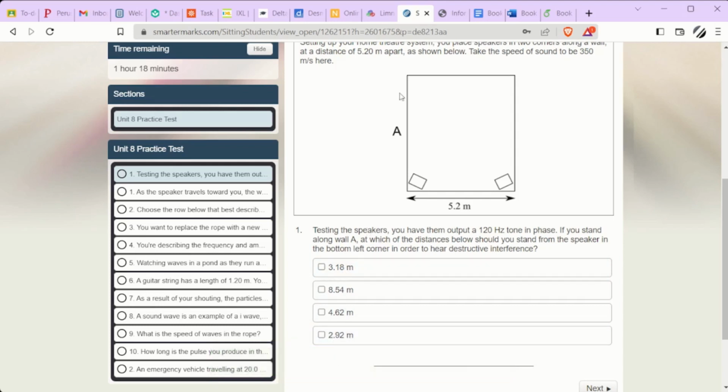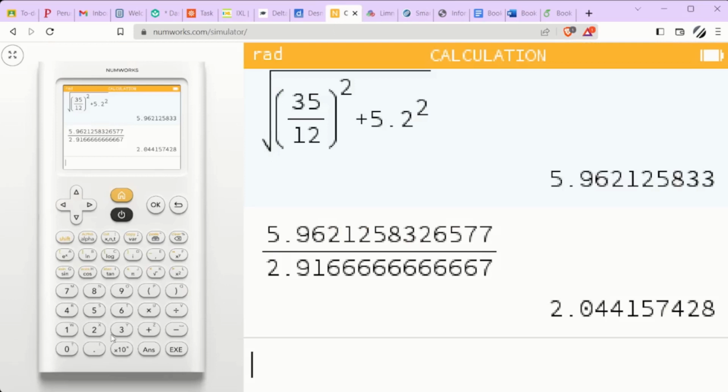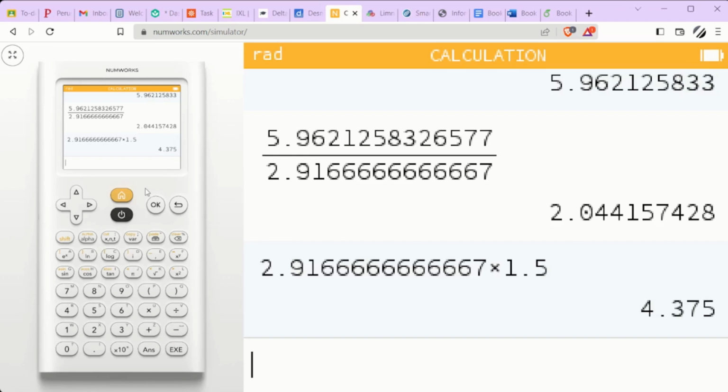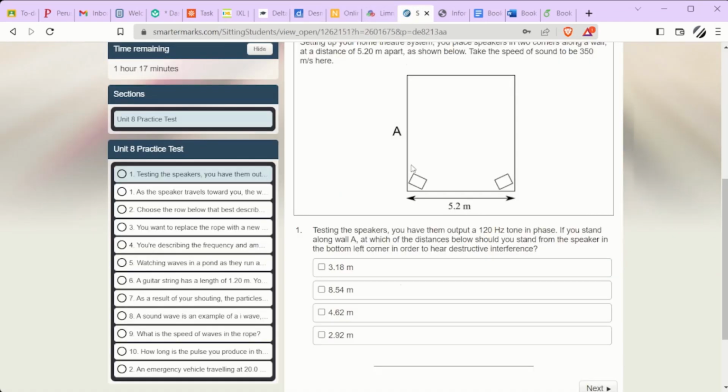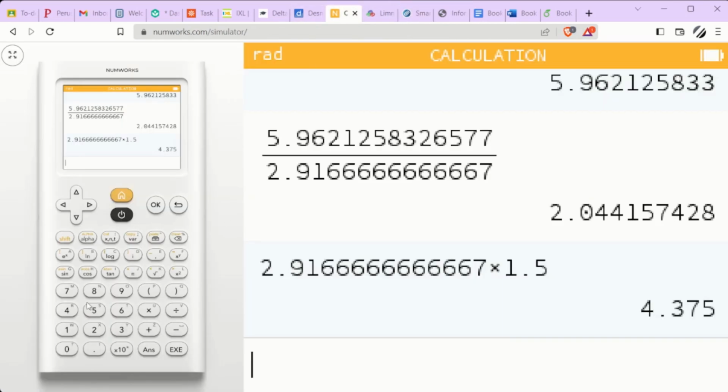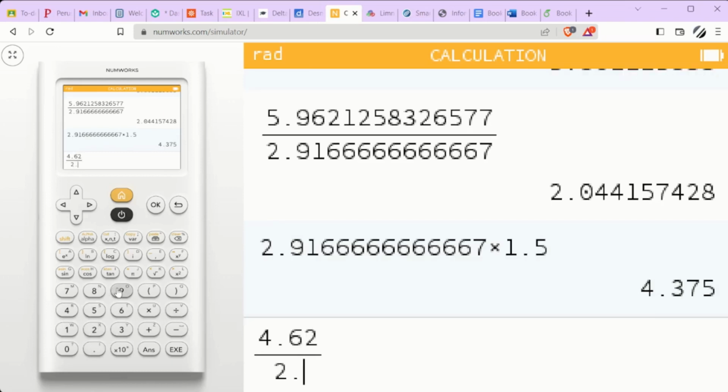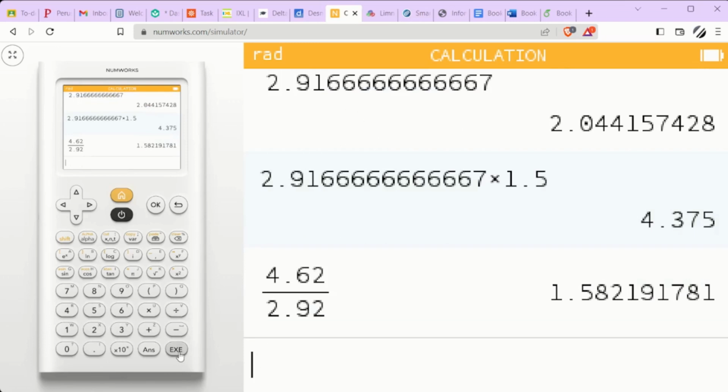So the next one, we have 2.92, and this is at the 1.5 wavelength mark, and the other goes an integer number. That's about 4.34 meters. That's not on the list. So our next one that we can check is the 4.62. So if we do the 4.62 meters divided by 2.92, that looks like about 1.6.